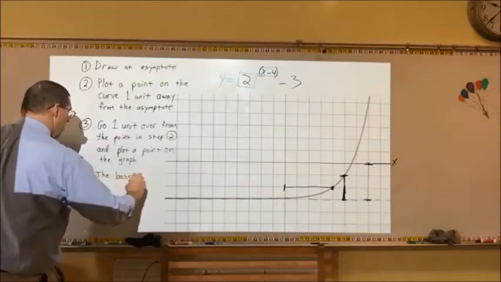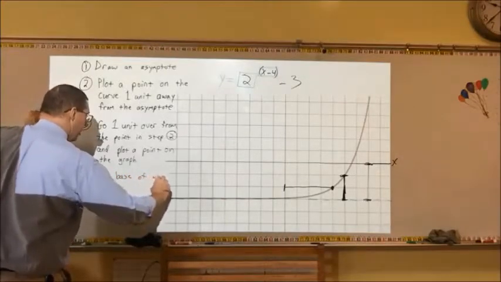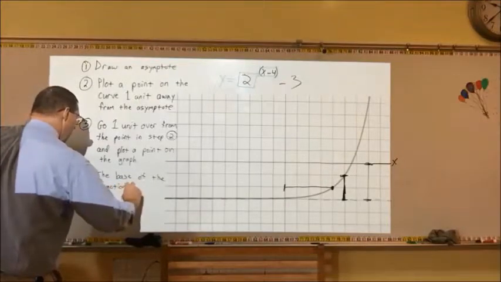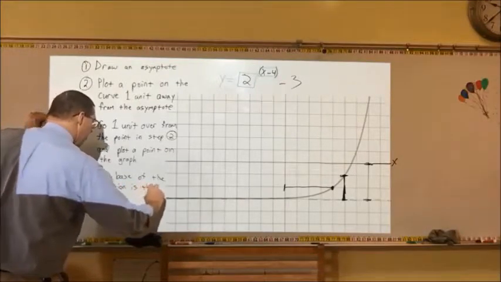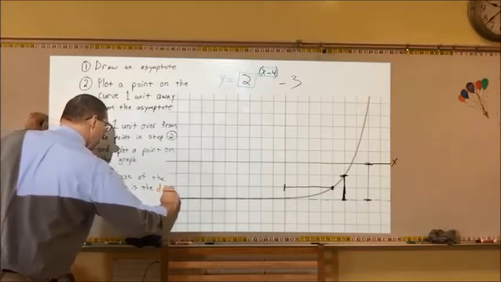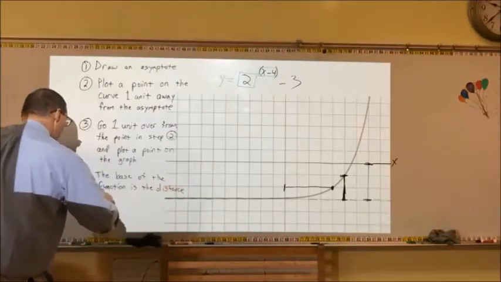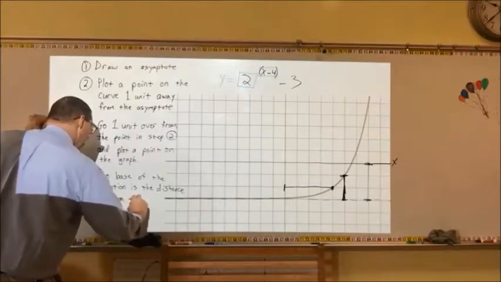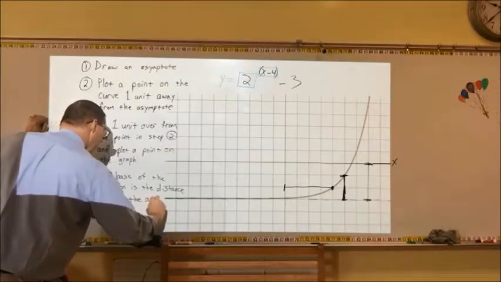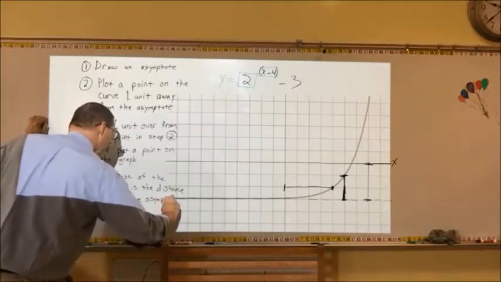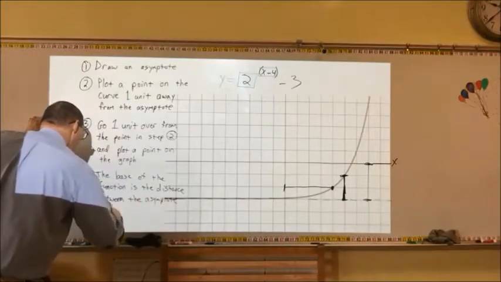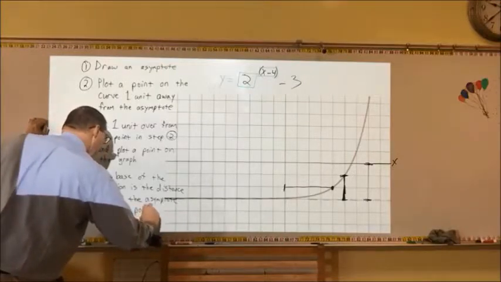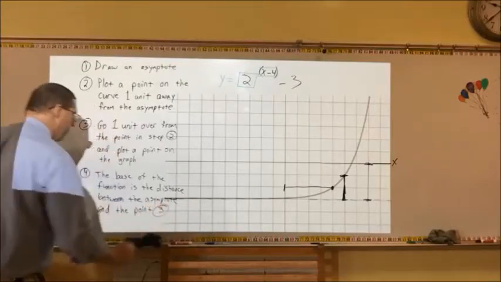The base of the function is the distance between the asymptote and the point from step 3.